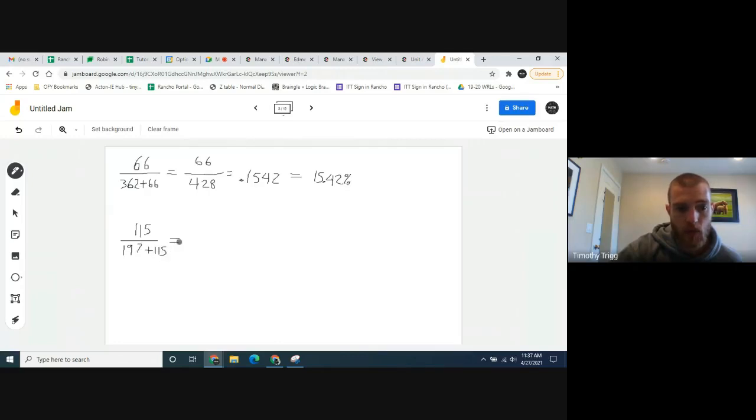Okay, so this will be 115. And whatever I write here, you should probably write on your own on a separate piece of paper or somewhere else. This will help you understand the material much better. So this is 312, just adding these together. So 115 divided by 312.